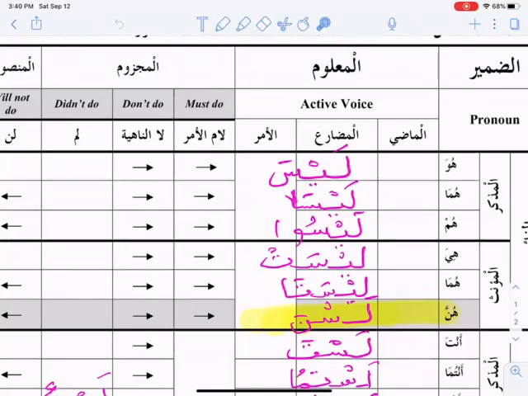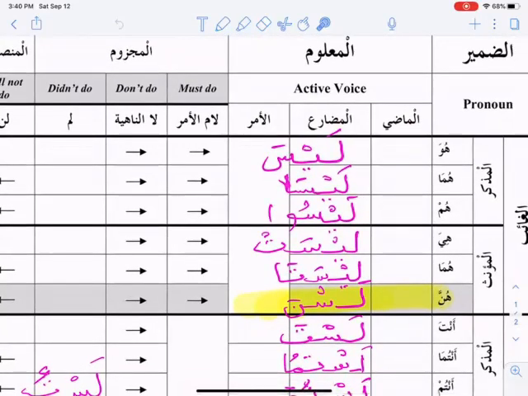Laysa. It's easy, because we have learned the proper way of conjugating, you will find it easy. Hum laysu. Because waw came, this fatha changed into dhamma. Huwa laysa, hiya laysat. This is ta'nith. Huma laysata.